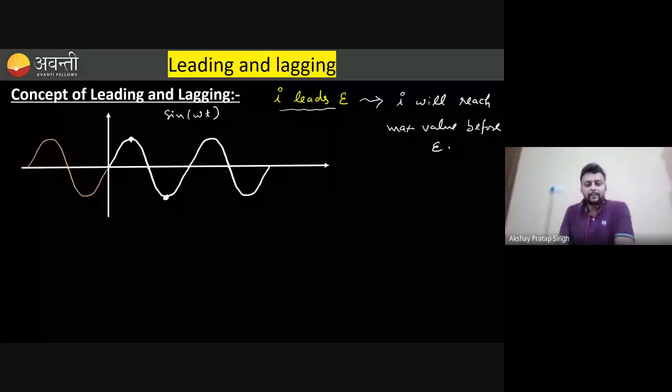I'm saying if you see somewhere current leads EMF, what does it signify? Current will reach maximum value before E. That means if you look at that, this is the maximum value. In the current graph, it will reach earlier. Like I will show you in the next diagram. Look at here.